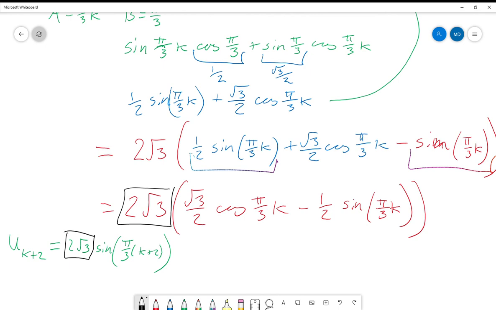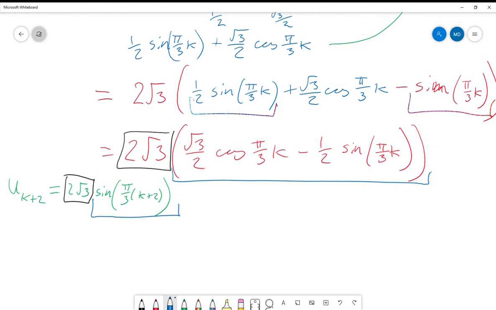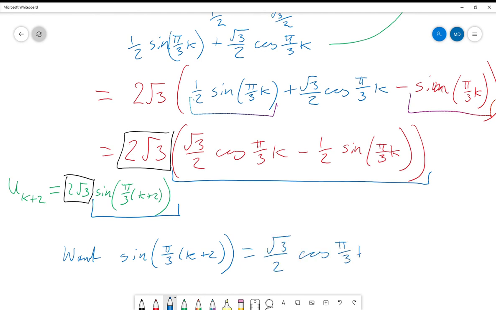So what we want is that this is equal to this. So we want sine of pi over 3 lots of k plus 2 to equal root 3 over 2 cosine of pi over 3k minus 1/2 of sine of pi over 3k.